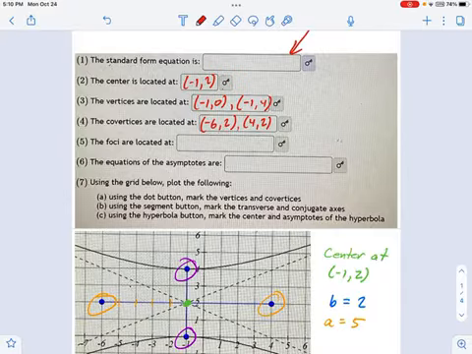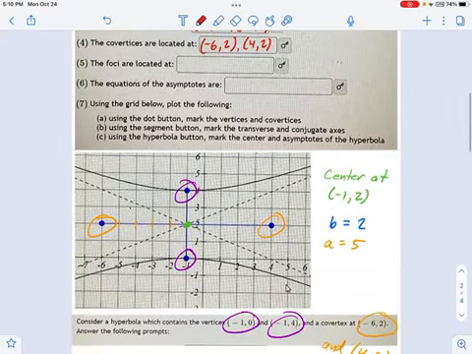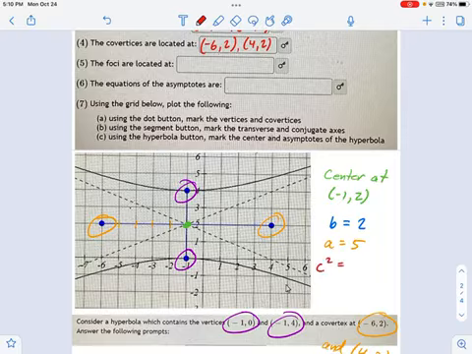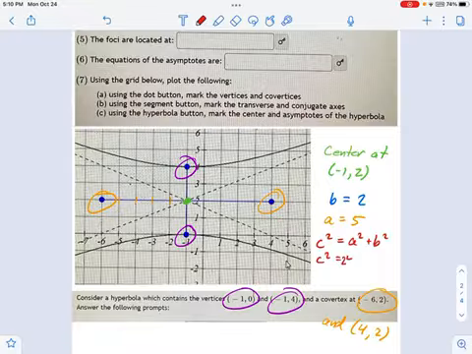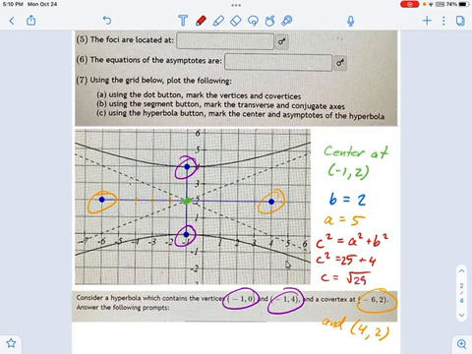And the foci we haven't talked about yet, so that will require a little bit of math. Remember what the equation is for foci. C squared equals A squared plus B squared. It's the Pythagorean theorem equation. So C squared equals, A squared was 25, B squared was 4, so that means C equals square root of 29. Now, because this is vertical, we go up and down from the center by that amount.